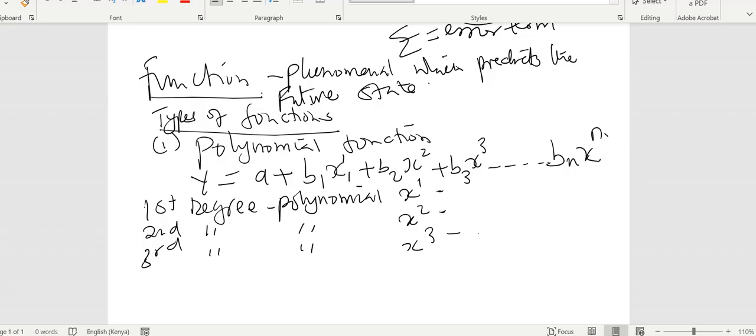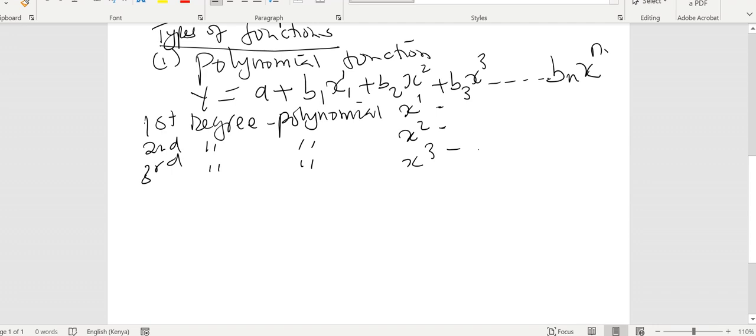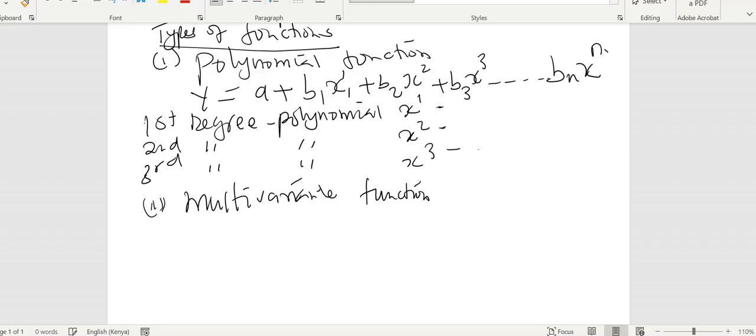Now, we also have what we call the multivariate function. Multivariate function. Multi means many.